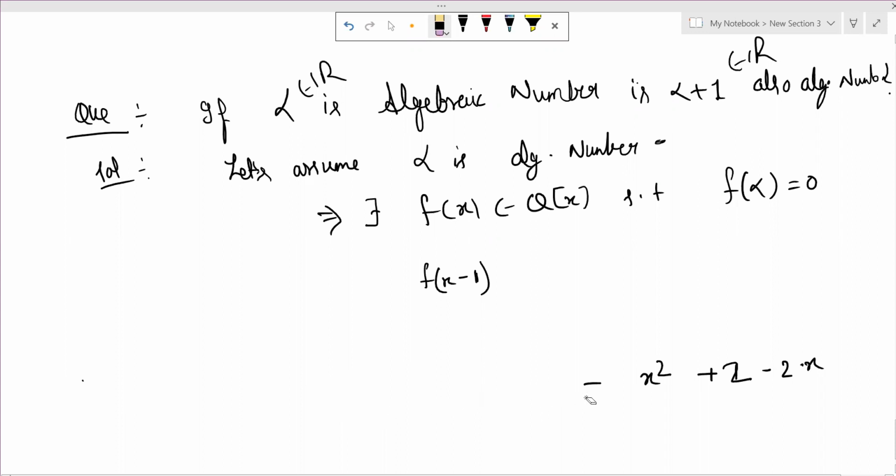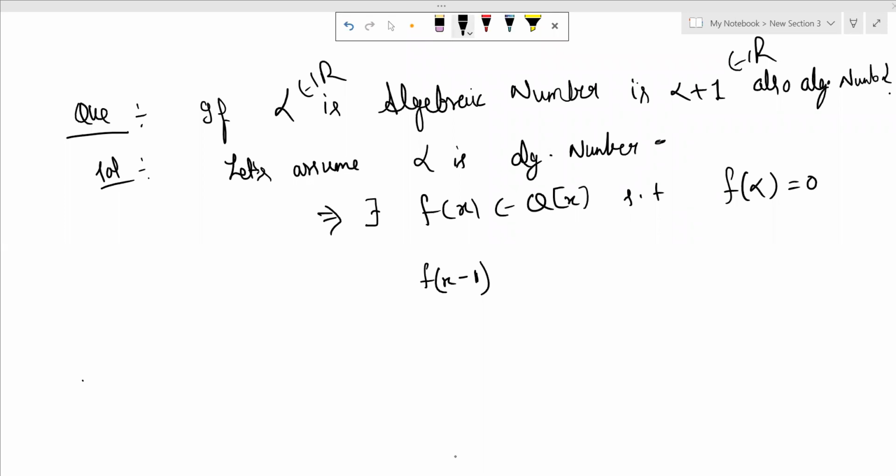So tell me how this alpha plus 1 will be a root of this polynomial, what Muthukumar is claiming. If we substitute in f(x minus 1), it is equal to alpha plus 1. Yes, agreed, but I just want to hear from her.